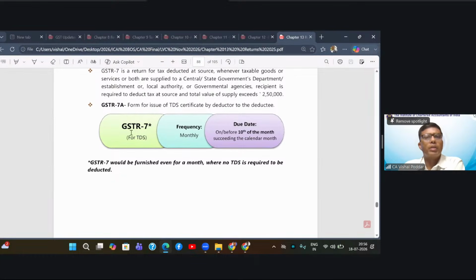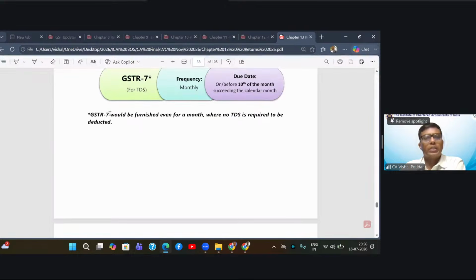Now, the deductor will file GSTR 7, which is again the monthly return of TDS. Again, it has to be filed on or before the 10th day after the end of the month. GSTR 7 would be furnished even for a month where no TDS is to be deducted. That is again nil GSTR 7 is compulsory.